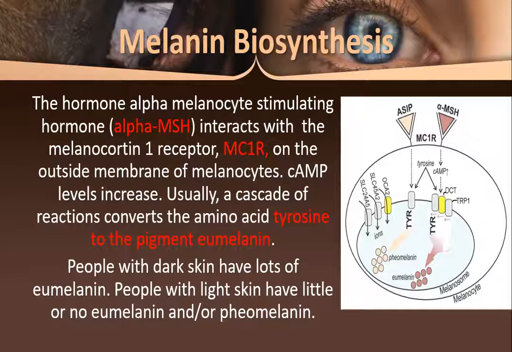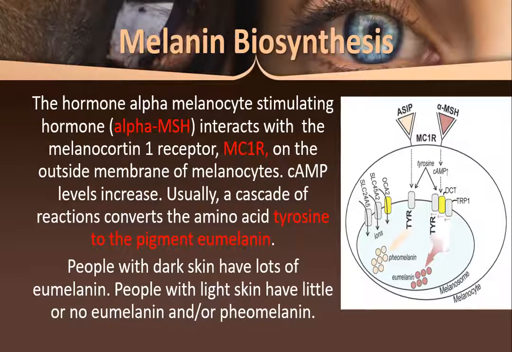As a result, cyclic adenosine monophosphate level increases. Okay, so in simple wording, when MSH, melanocyte stimulating hormone, binds with the receptor, then cyclic AMP inside the cell increases.